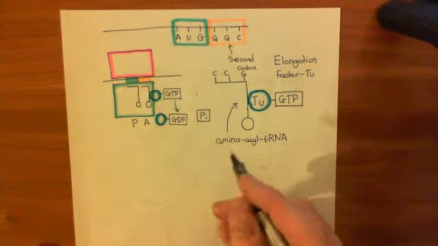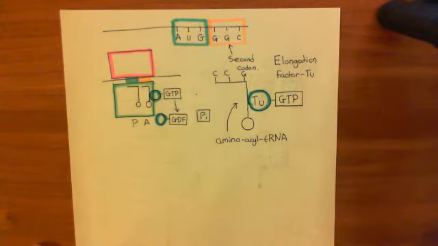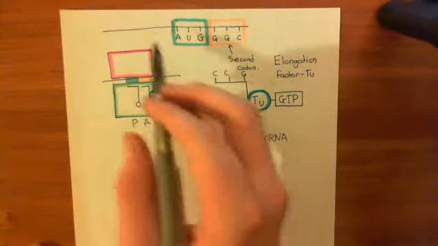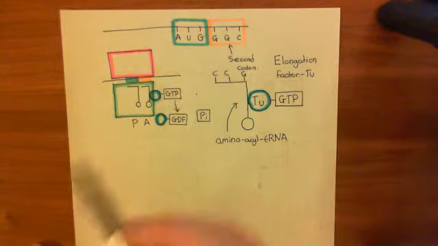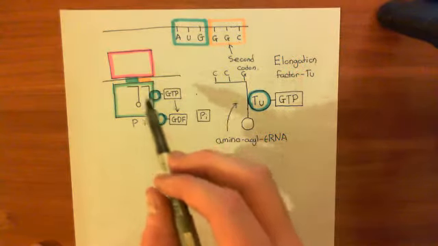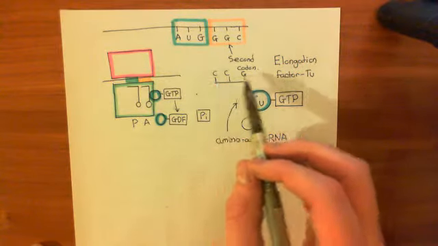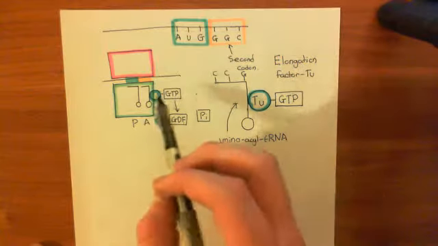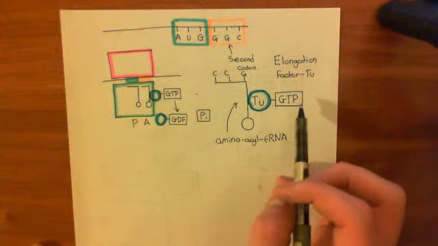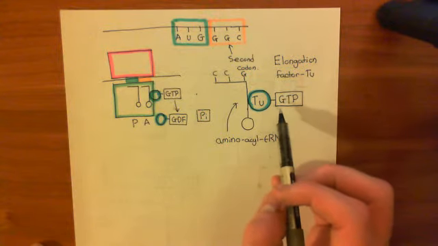Okay, so far what we have seen is that after assembling this 70S initiation complex, the next amino acyl tRNA, which has a complementary anticodon to this second codon here, is going to come in with the elongation factor TU with GTP bound to it.